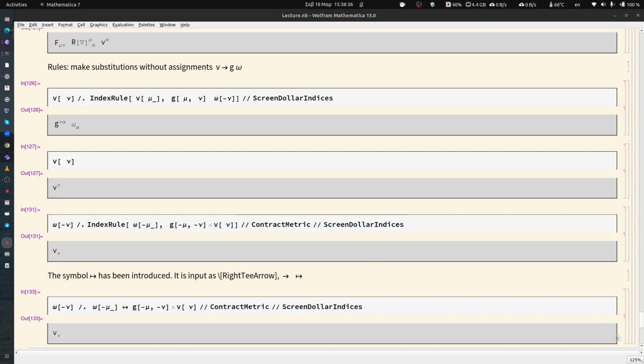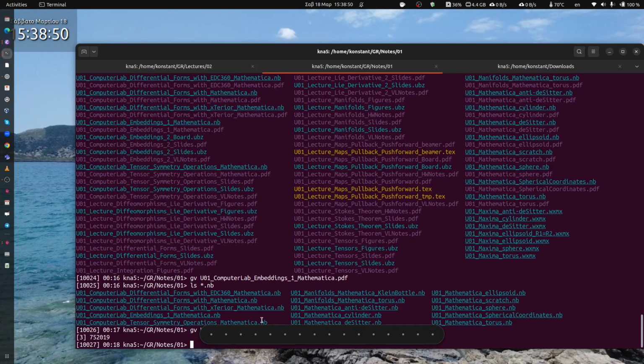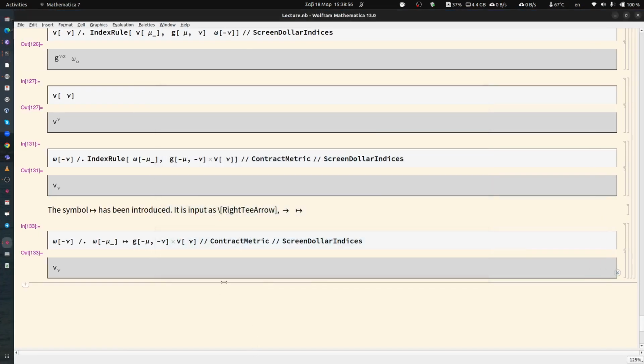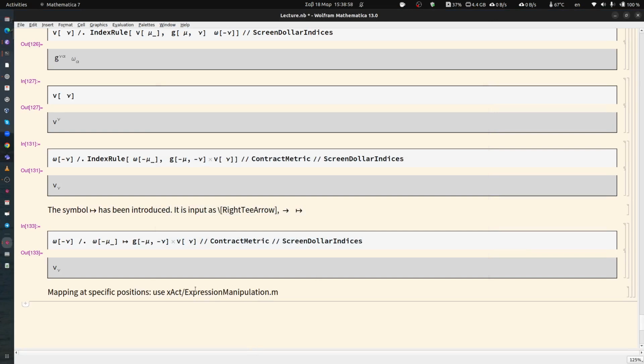Now, sometimes we want to make substitutions or apply functions not at the full expression, but at parts of it. If you want to do that, there is an optional package in xAct, called ExpressionManipulation, which you have to load.